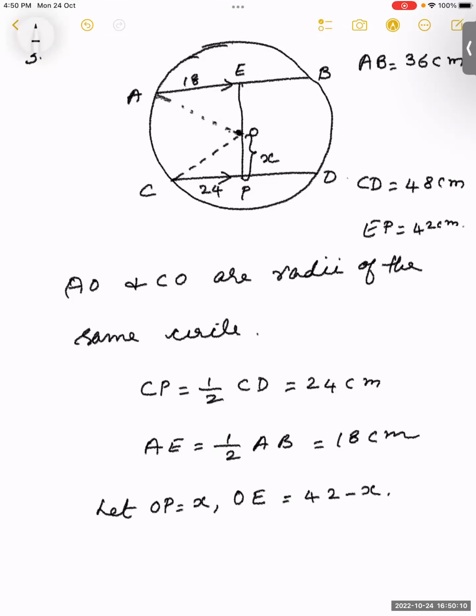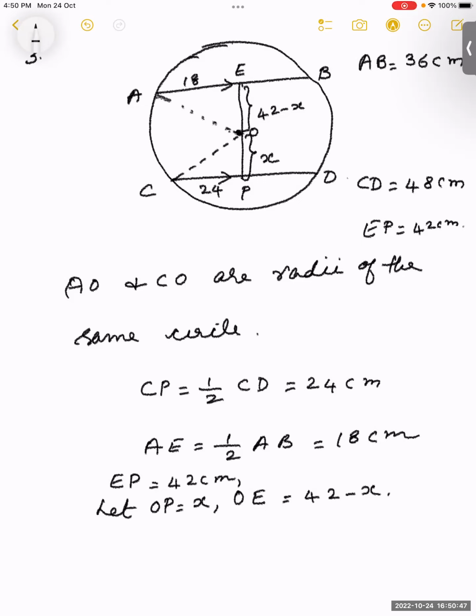Do you agree or not? This side, I'm writing, is going to be 42 minus X. Is it correct or not? The total EP is 42. That's what they have given. The total distance between the two chords is EP, 42 centimeter.